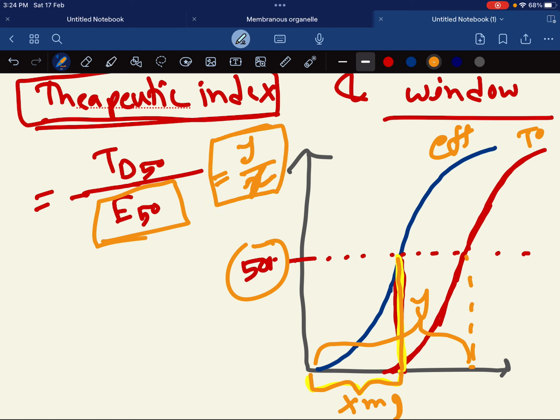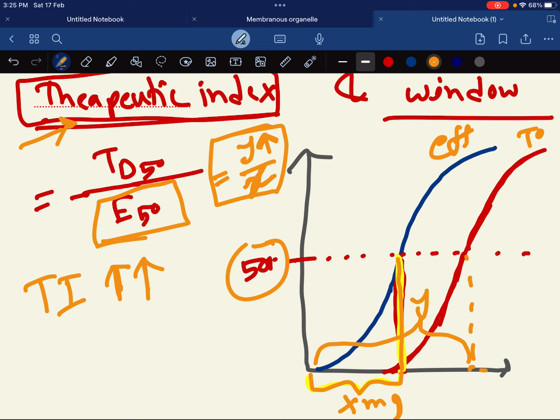Now, what is the utility of therapeutic index? When you see a drug having a higher therapeutic index, it indicates that y, the median toxic dose, is higher.